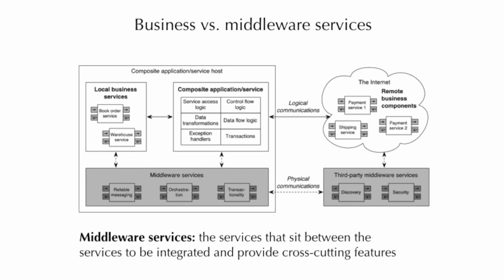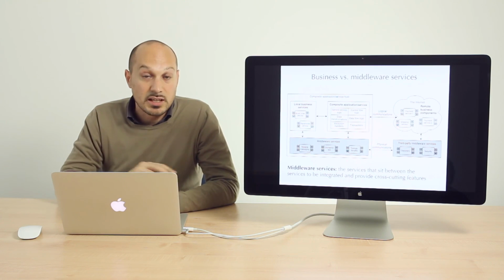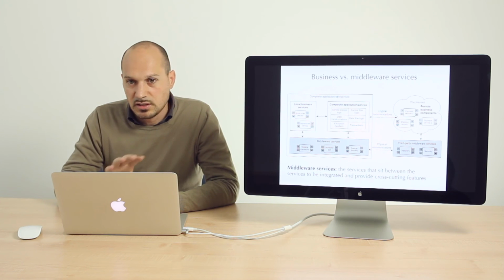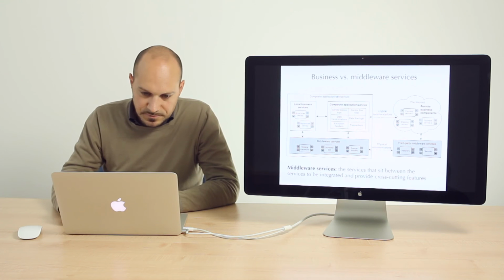We have, for example, reliable messaging services, orchestration services, maybe transaction processing services, or, of course, simply discovery services on the internet in order to find other web services, or some security services. Just to be clear, in this lecture and in the next videos, we are not interested in these middleware services yet. We only look at how to integrate business services.